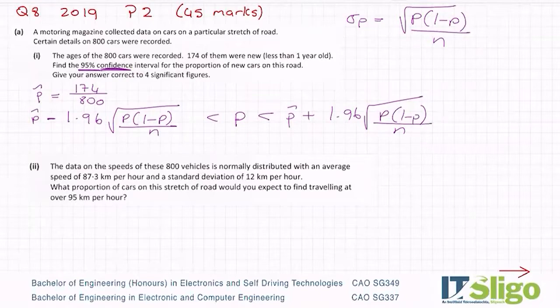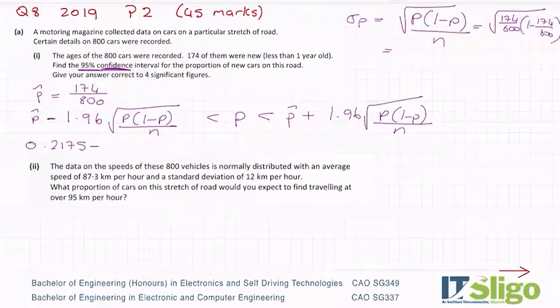Let me get my calculator and just convert that to a decimal, for anybody who prefers decimal. So I've got 0.2175. So I want to minus off that. Let's work it out up here. It's the square root of 174 over 800 times 1 minus 174 over 800, over n.